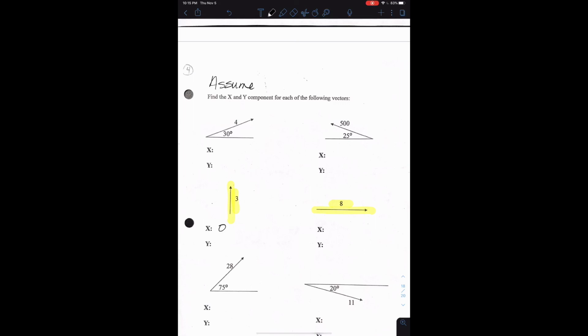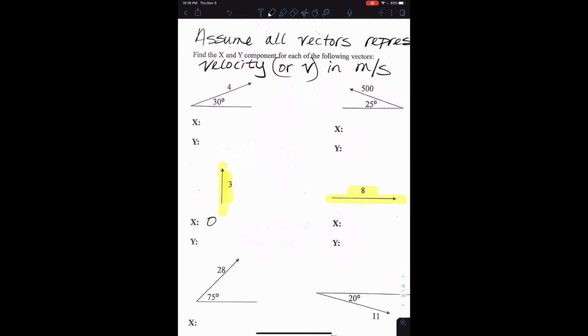Assume all vectors represent velocity, or V, in meters per second. We're just going to make that assumption going in, to make our life easier.